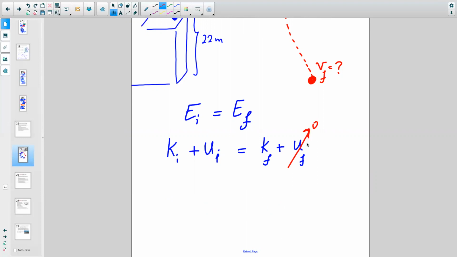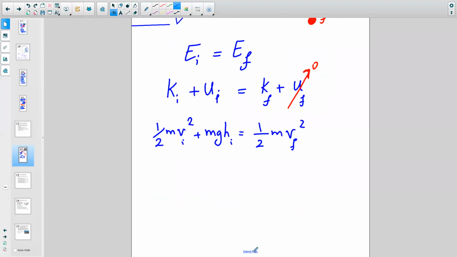Now K initial is half m v initial squared, plus U initial is m g h initial, equals K final, which is half m v final squared.